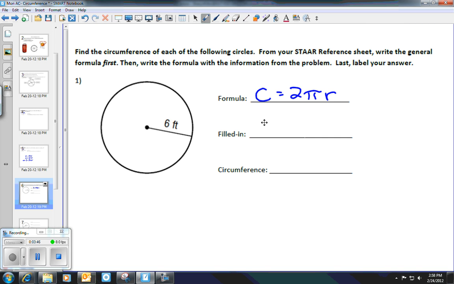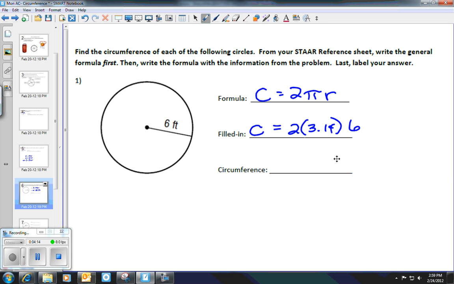And then I'm going to fill in the formula with the numbers that I know. I don't know the circumference yet. I know we've got 2. I know pi is 3.14. And I know the radius is 6. Okay, and then you're going to be able to use your calculators, and you're going to take 2 times 6 and get 12. And then you're going to take 12 times 3.14.